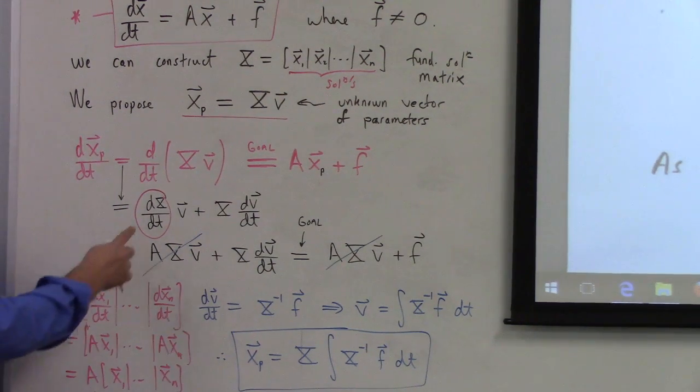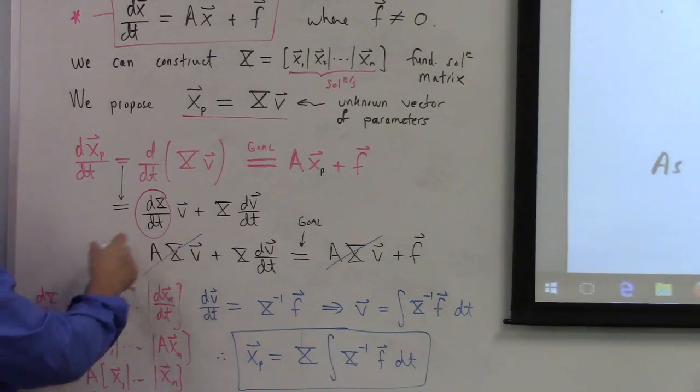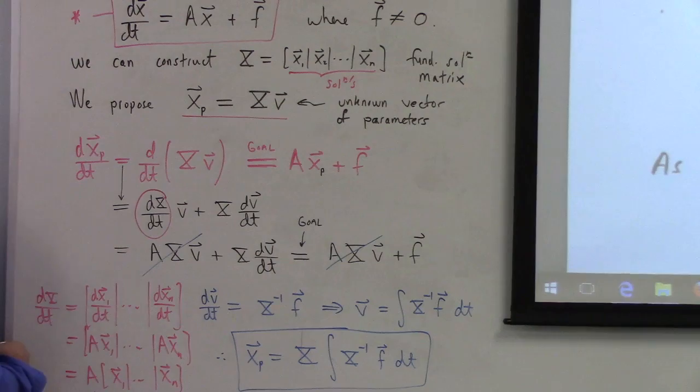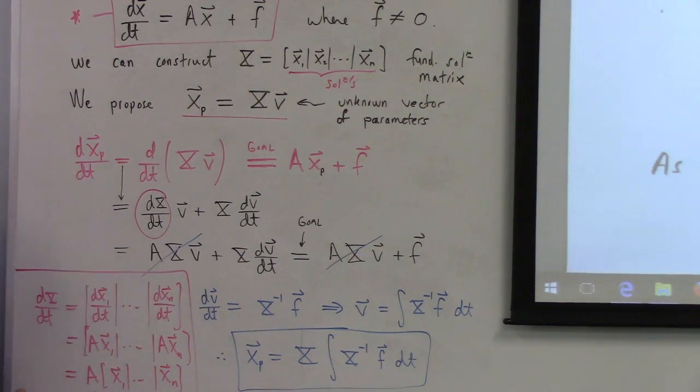That means when you differentiate the matrix, it's the same as if you take the matrix and multiply it on the left by the coefficient matrix. That's part of the rights and privileges of the solution matrix. And here's why. I traded dx/dt for A times x.